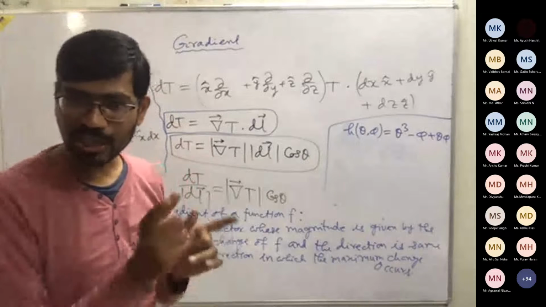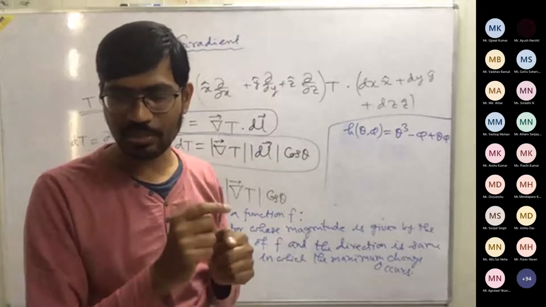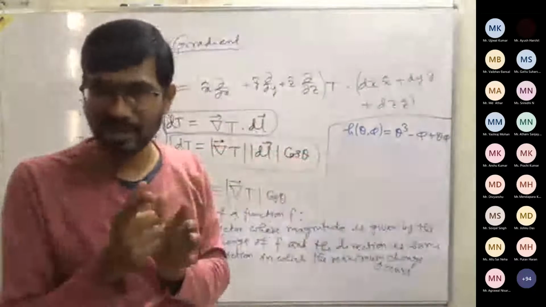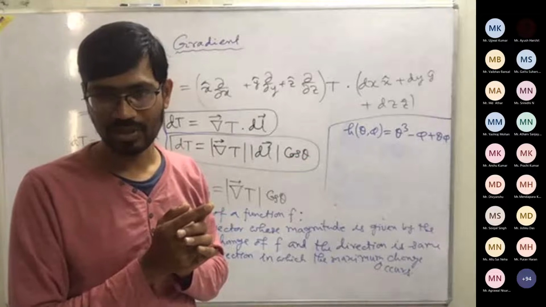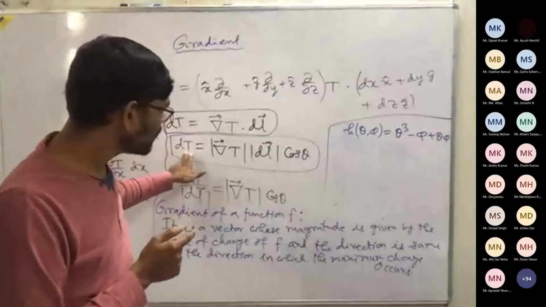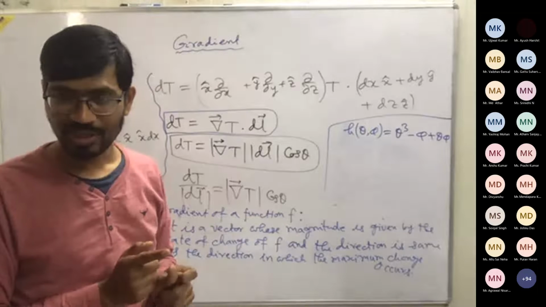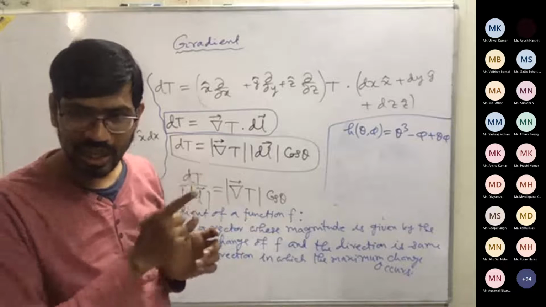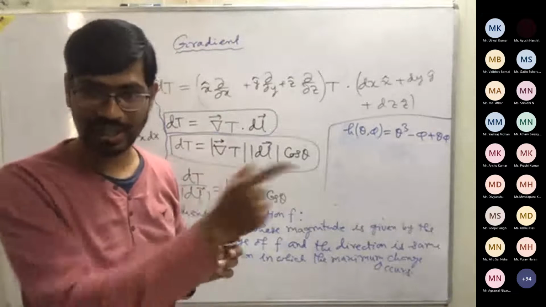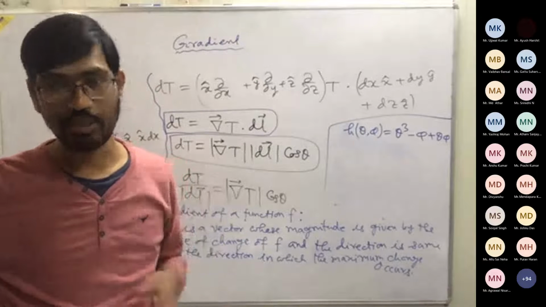In a different direction, its magnitude will also be different. As I said, the steepness of this height will be different in different directions. So the magnitude is dT over dl only when you are computing this quantity along the direction in which the function changes at the maximum rate.